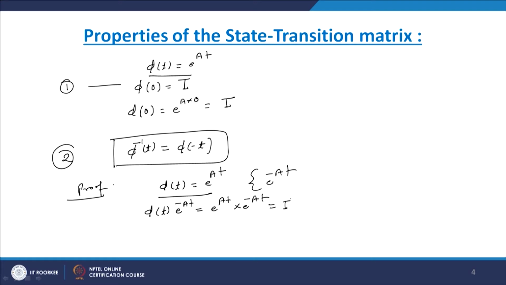So, our main purpose is to get phi inverse of t equal to phi of minus t. Now, what will you do? We will pre-multiply both sides by phi inverse of t.